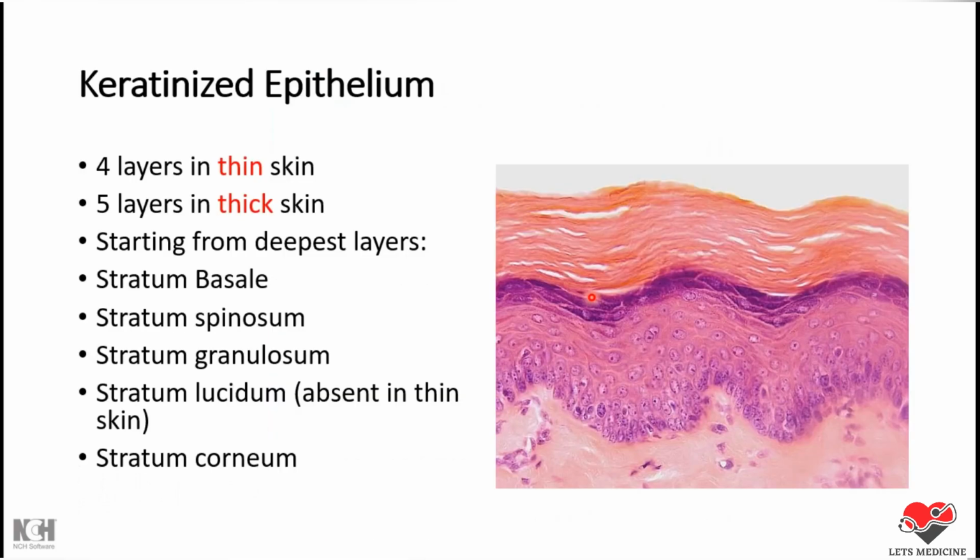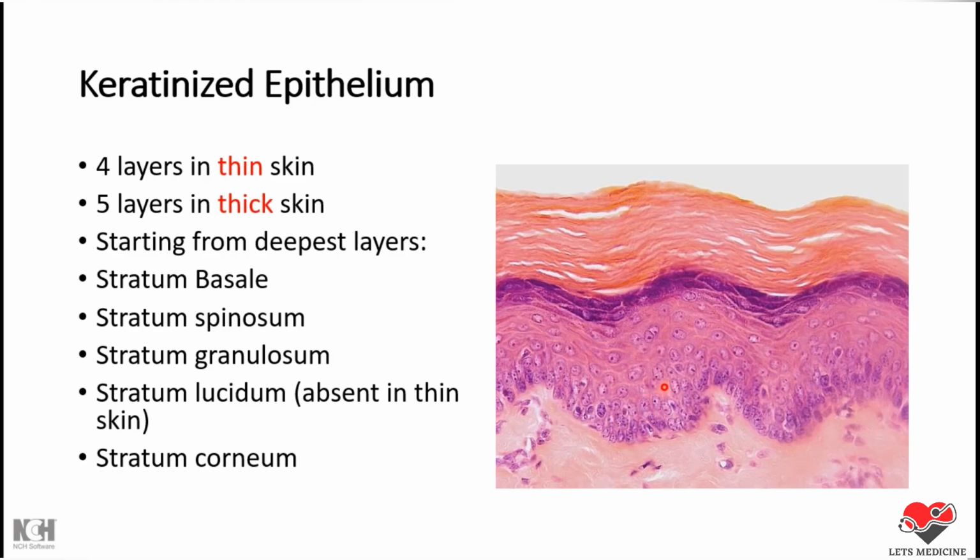Okay, so when the cells are produced in the basal layer, they move upward towards the top, and as they go upward they gradually attain the property of synthesizing keratin. These cells are named keratinocytes, although these keratinocytes are quite immature in the basal layer.